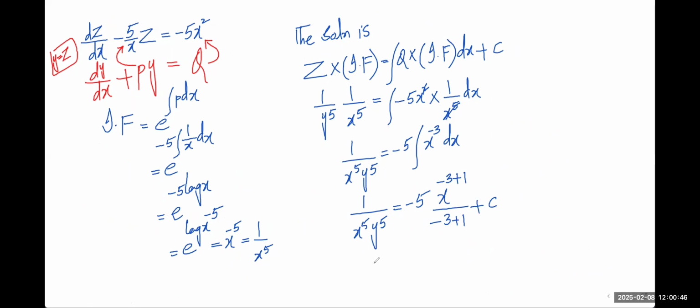So the final answer is 1 by x power 5 y power 5 is equal to c minus 5 by minus 2, that is 5 by 2 only, and x power minus 2 can be written as 1 by x square, plus c, and that's it. This is the final answer of this problem.